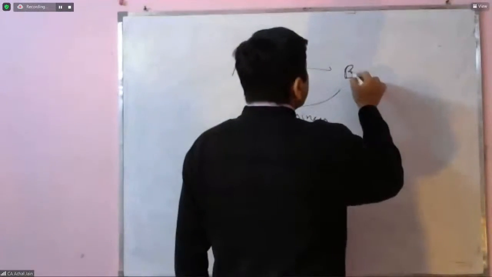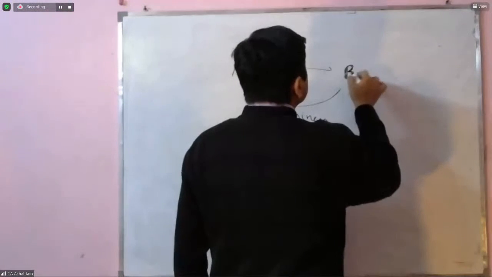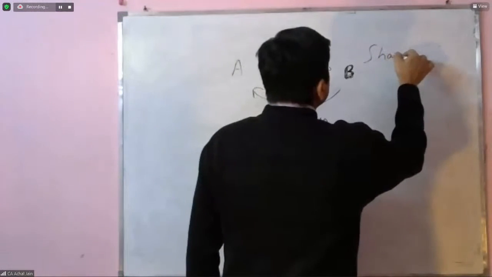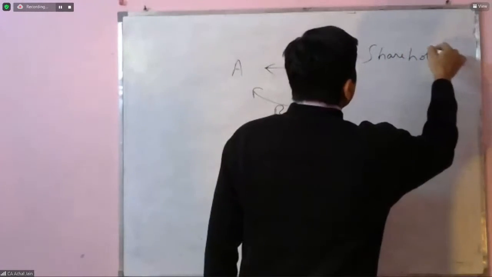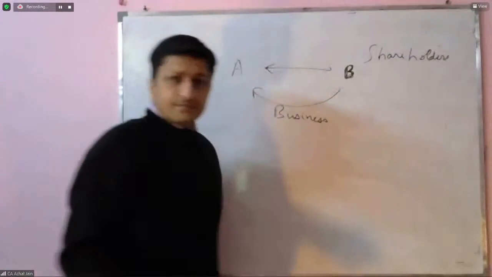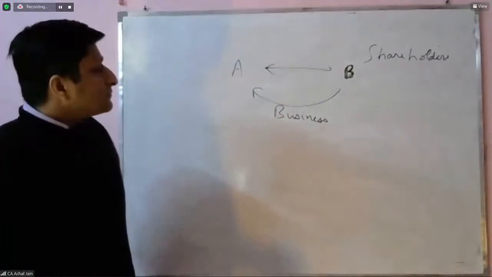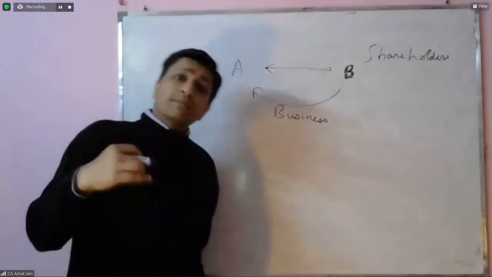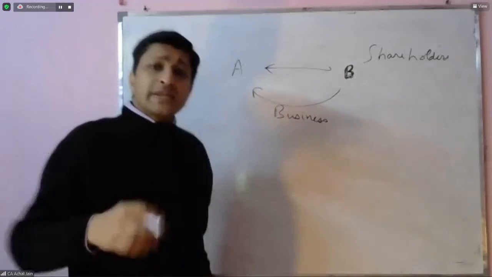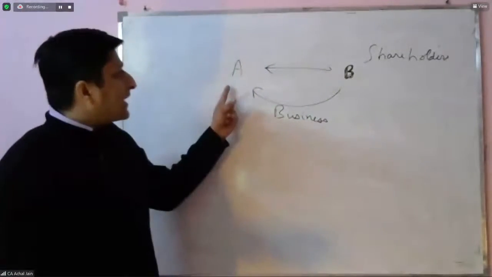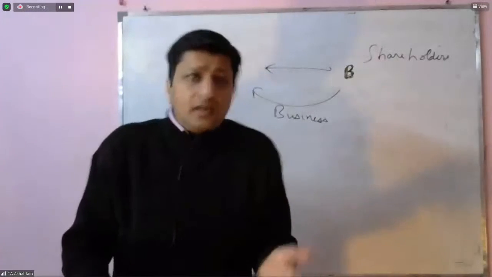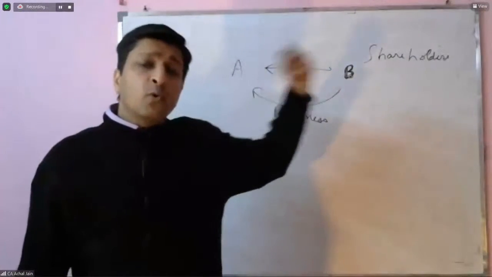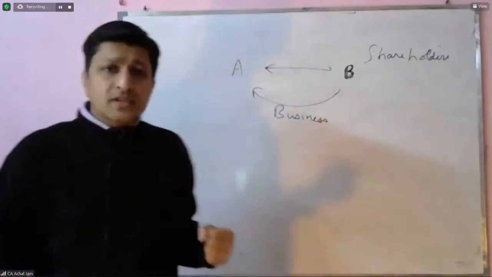B will have shareholders. When the business of B, or B itself, is getting acquired by A, in return, A will also be required to pay something to the shareholders of B, from whom A is acquiring the business or the shares.